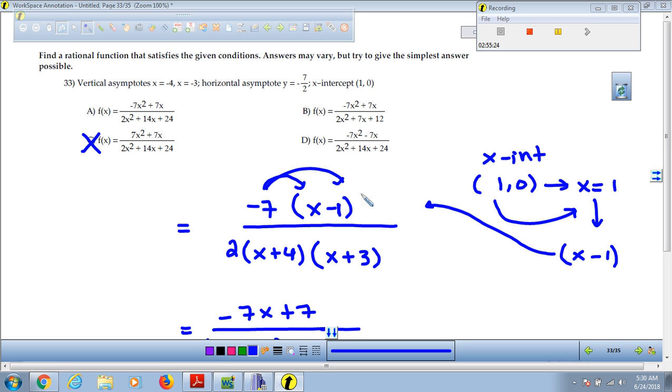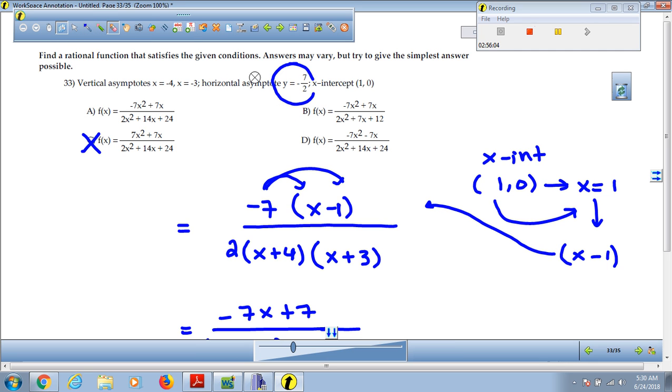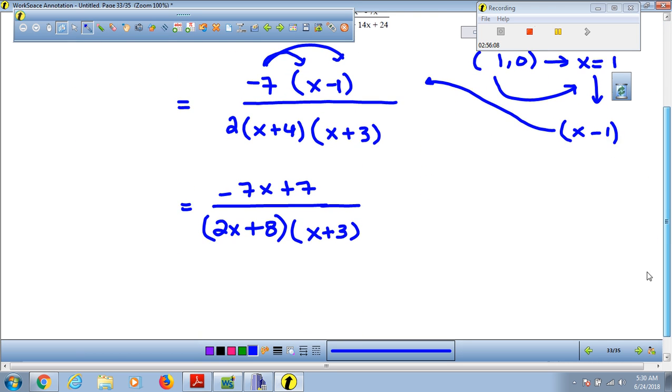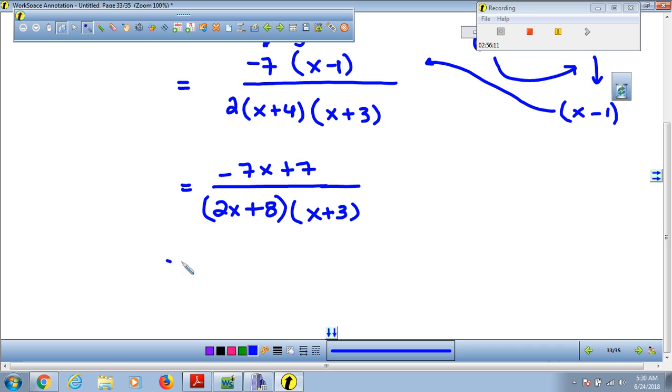Remember that in order for me to have a horizontal asymptote at a number like this, it's because I divided the leading coefficients, and I cover the x from the x. The only way that I divided the leading coefficients is because the degree on top and bottom are the same. But I'll take care of that right now.